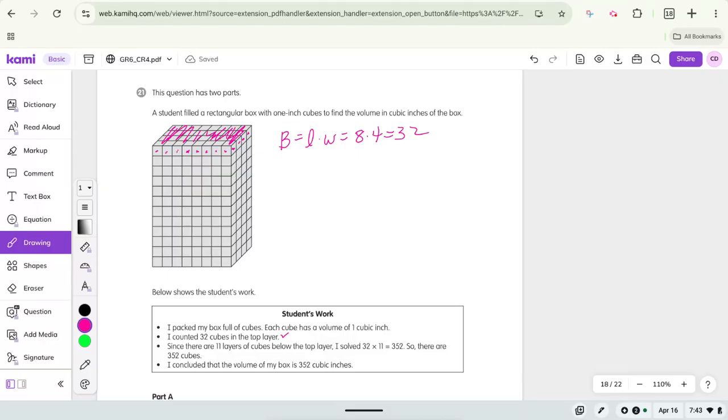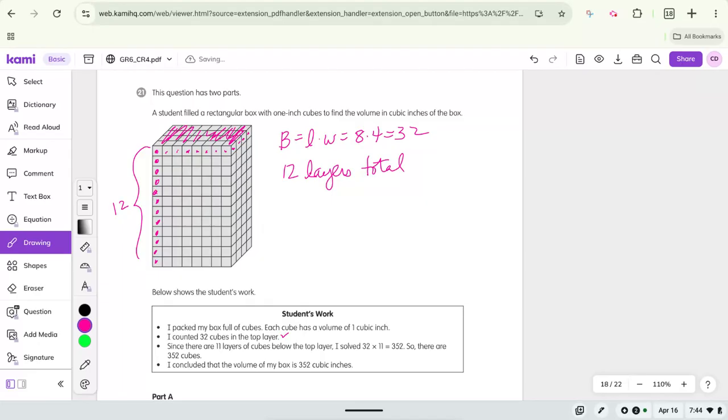Now, the thing is, you have to add all of these layers together. There are 1, 2, 3, 4, 5, 6, 7, 8, 9, 10, 11, 12 total layers. Okay, so 12 layers total. You can't just skip the top layer.